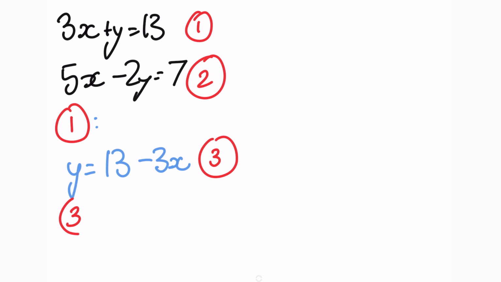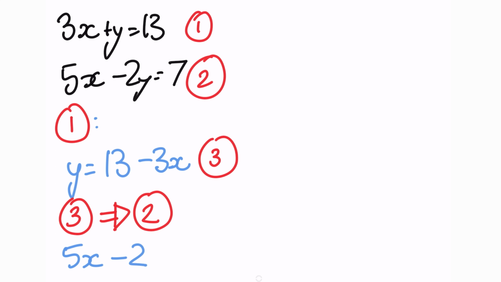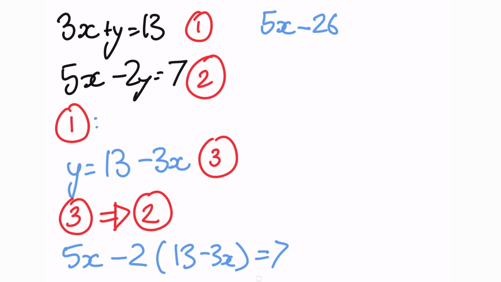What I'm going to do now is substitute 3 into equation 2. So what I'll get is 5x minus 2 times (13 minus 3x) equals 7. Now if I expand that out, I'll get 5x minus 26 plus 6x equals 7 through expansion.